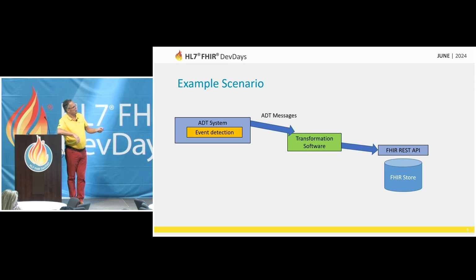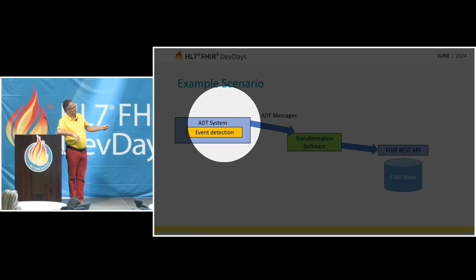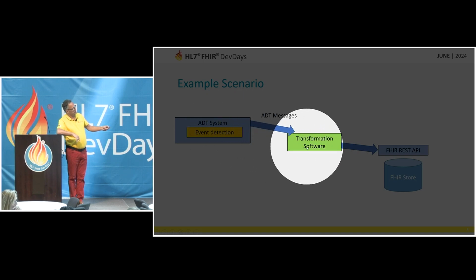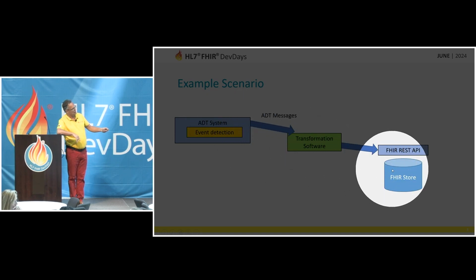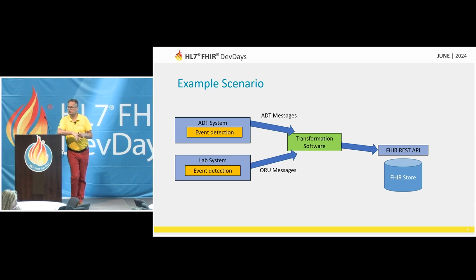So as you can see, we have some sort of translator box, and we have a system that has trigger events, and it sends me an ADT feed, and I want to translate that for the resources to be included in a CDR. But to make it a bit more interesting, we're going to have two systems, so we're also going to have a lab system for lab results. So it's going to be a mix of two feeds to update a CDR. Seems like a reasonable scenario, right?